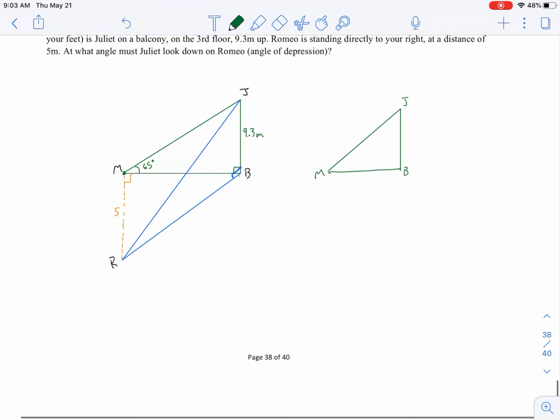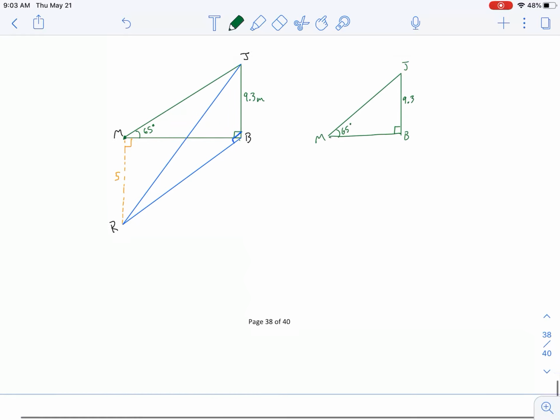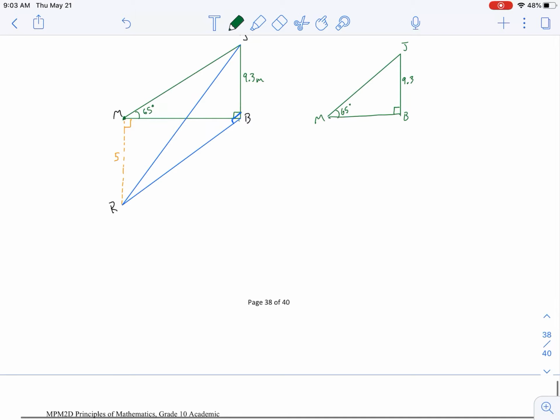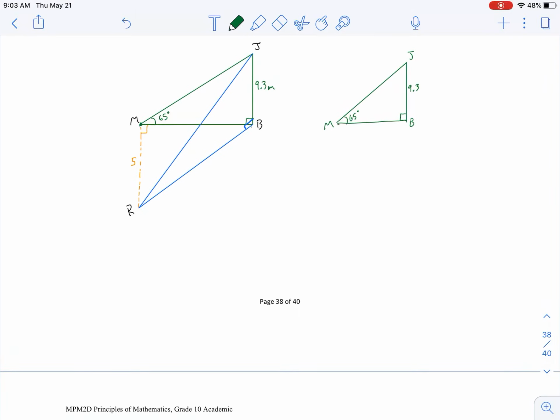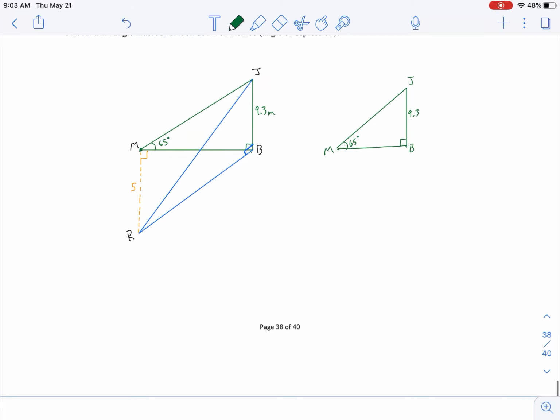So the first one we're going to solve for here, we've got a 65-degree angle, 9.3 height, and a 90-degree angle. So we want to solve for something that is in common, because eventually we want to figure out that angle of depression, so from Juliet looking horizontal downwards.